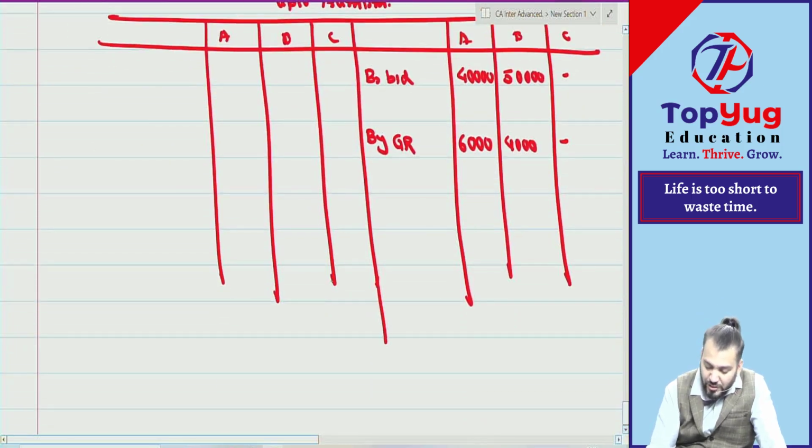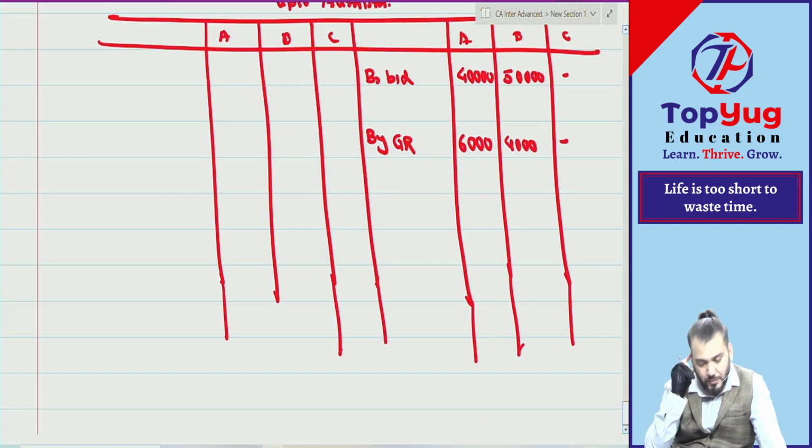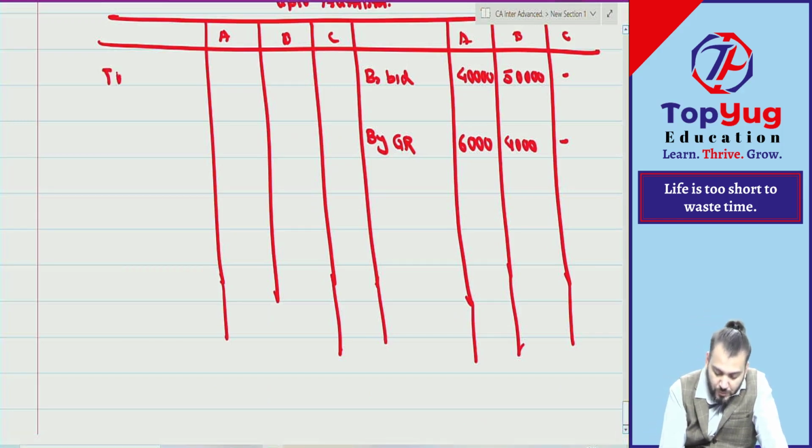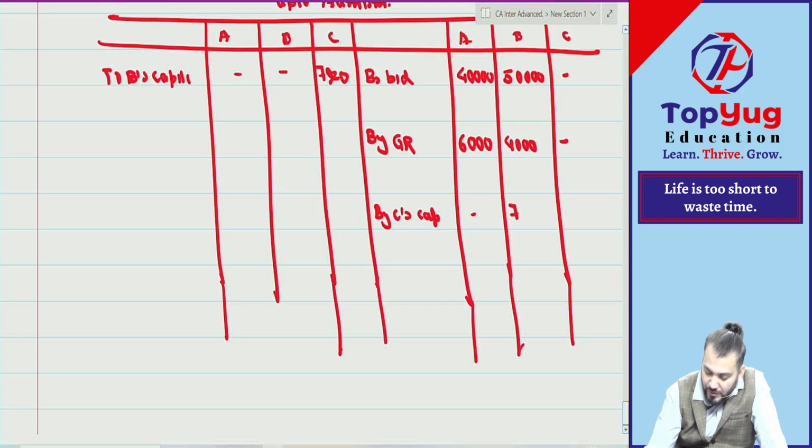What is the goodwill adjustment? Which partners will be debited? Which partners will be credited? C will be debited. So C account debit to B's capital, it is 7,920. And by C's capital, it is 7,920. Correct?